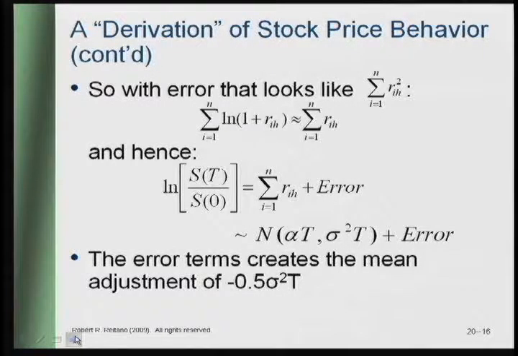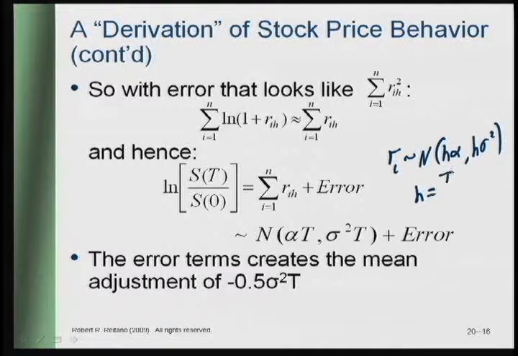Hence, if I look at the log of the ratio of ST to S0, it's basically a sum of these returns plus an error. Now, each one of these returns, remember, is a normal distribution, and it has a mean of h alpha and a variance of h sigma squared. And I add up n of them. Recall what n is. N is what defines h.